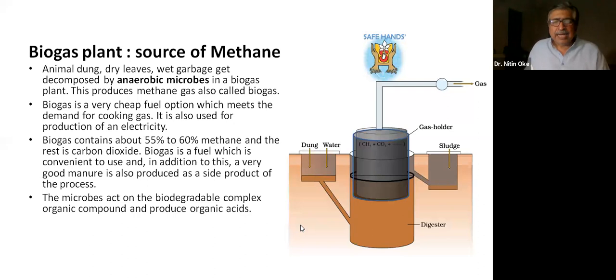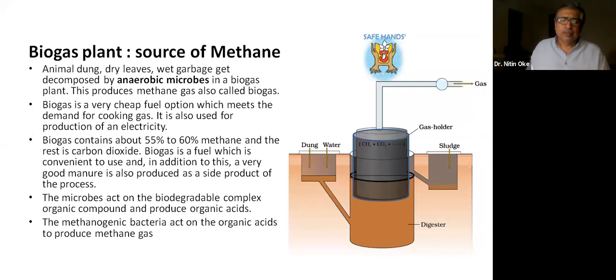The microbes act on a biodegradable complex organic compound and they produce organic acid. The methanogenic bacteria means the bacteria which are going to produce methane. They are called as methanogenic bacteria.